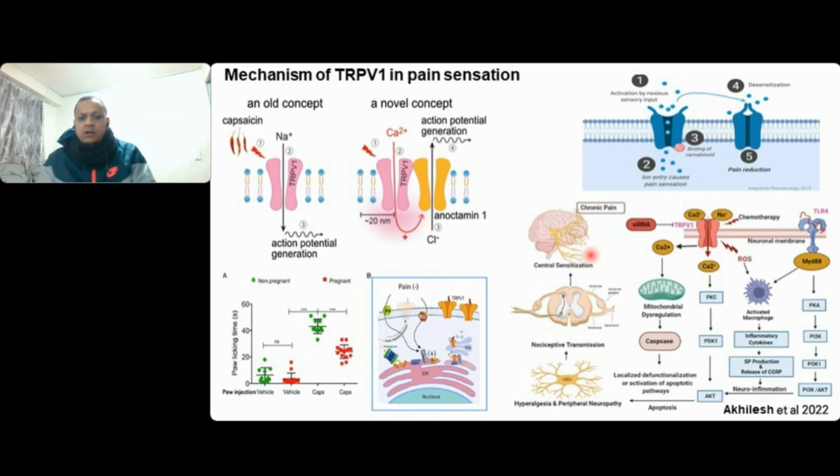So the main thing is that the TRPV1 ion channel regulates calcium ion influx into the cell.